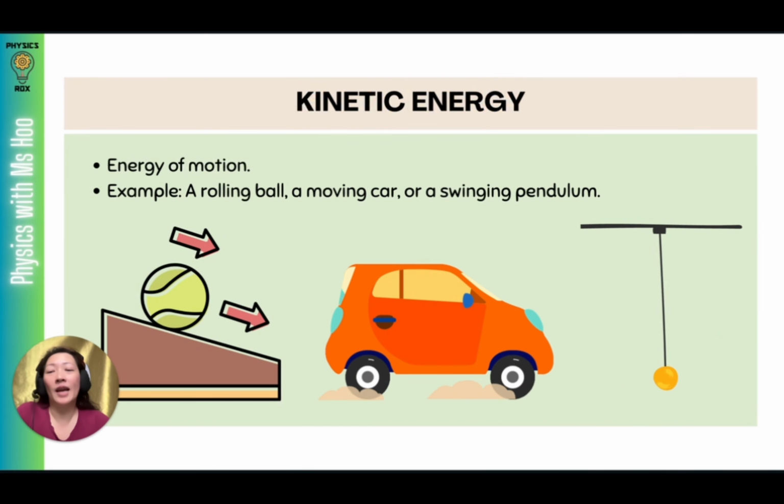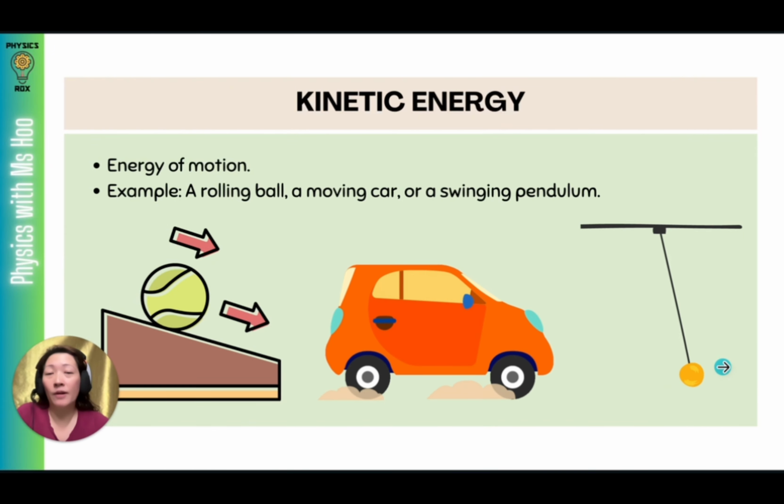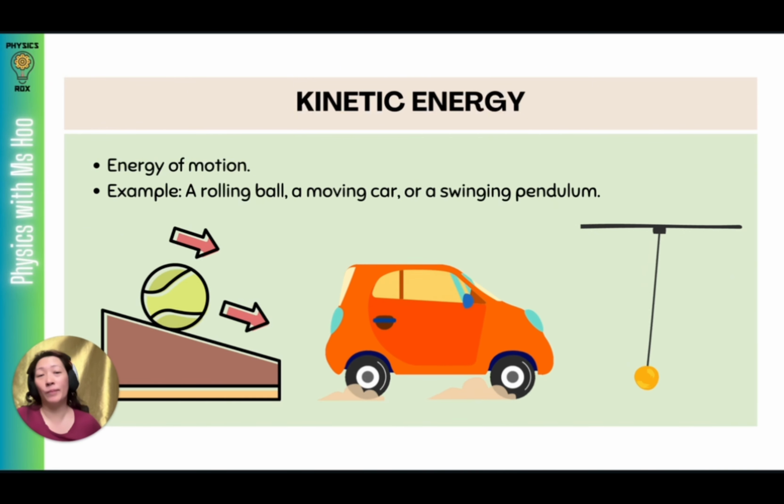Now, kinetic energy is the energy of motion. So anything that moves has kinetic energy. For example, a rolling ball, a moving car, or a swinging pendulum are all moving, therefore they possess kinetic energy. By the way, some students have questioned why kinetic energy is an energy store, and the reason why they question it is because it's moving and they see motion as a way of energy transfer or a way of having useful energy, so it's not being stored.